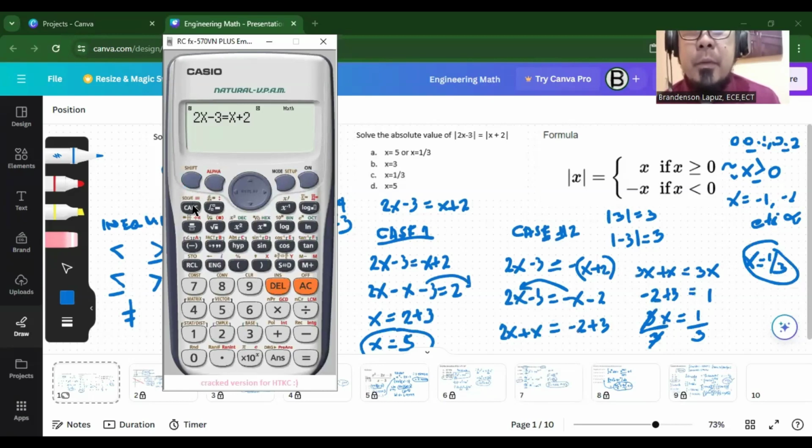Then shift solve for x, and that would be equal to 5.